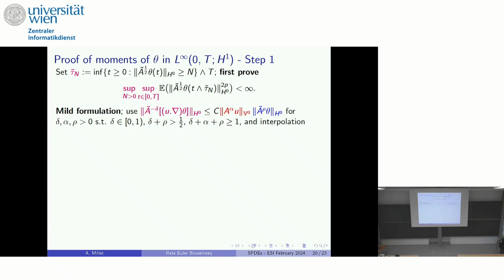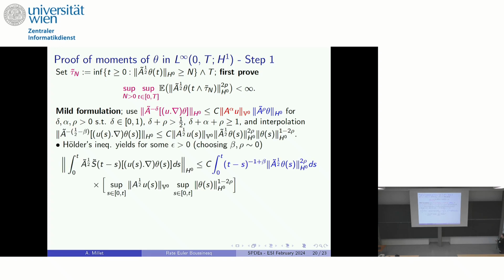Okay, then you are facing these norms, and of course, by interpolation, provided that alpha and rho both are less than a half, you can upper-estimate these two norms in terms of the A to the 1/2 norm of u to some exponent, and the norm of u to some other exponent, for both temperature and velocity, and then you end up with constant alpha.